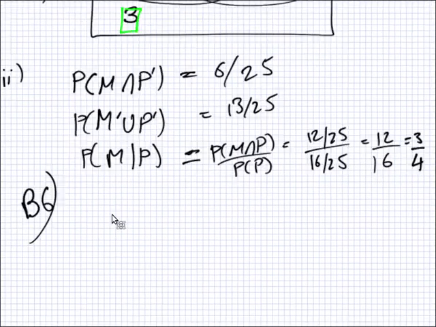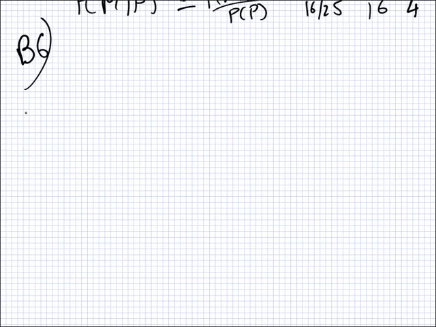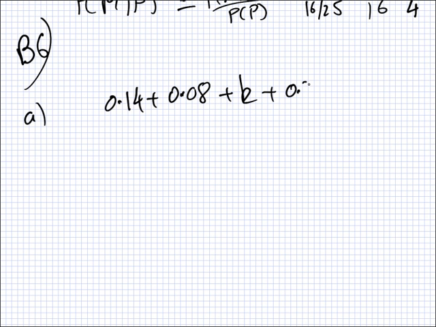B6 now. A. Find the value of K in that table. Well, you know that the whole thing has to add up to 1. So that can easily give you the K for 1 mark.